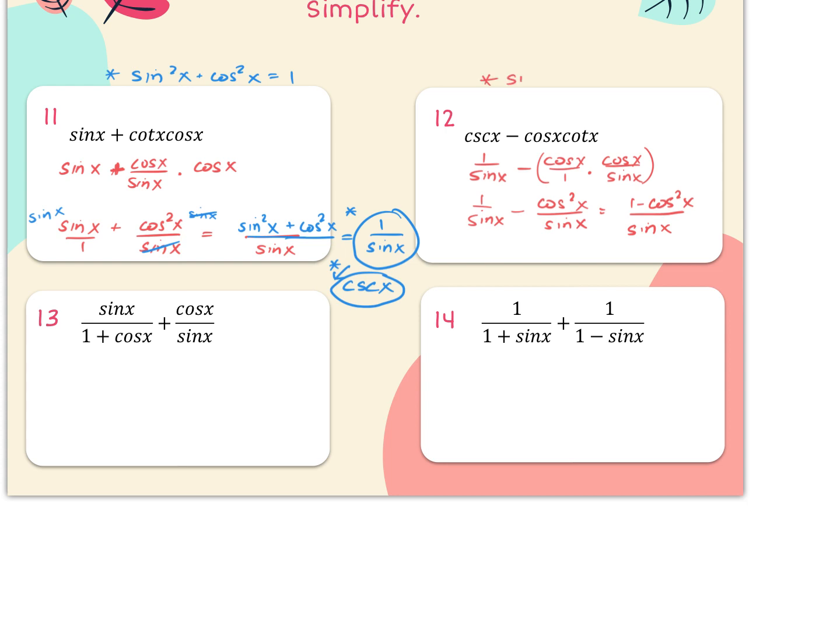Yeah, because again, we know sine squared x plus cosine squared x equals 1, right? So if I subtract the cosine squared of x from both sides, I'm going to get 1 minus cosine squared x. So this numerator can simplify to sine squared x over sine of x.